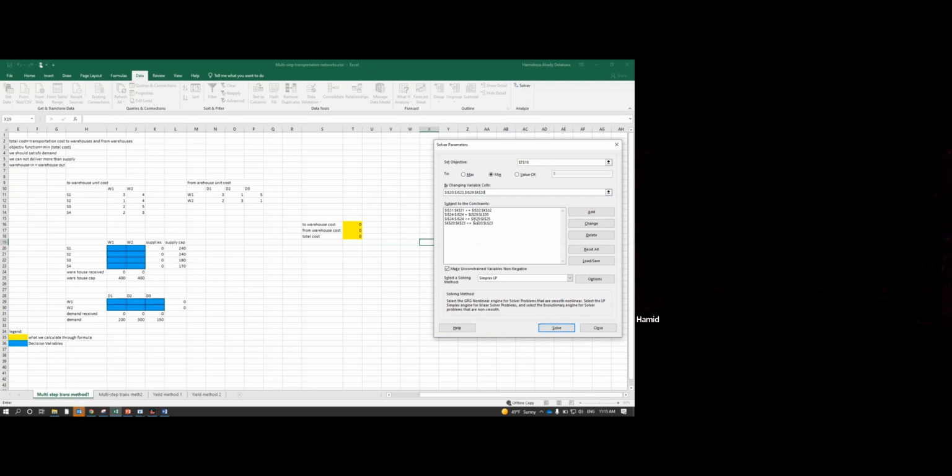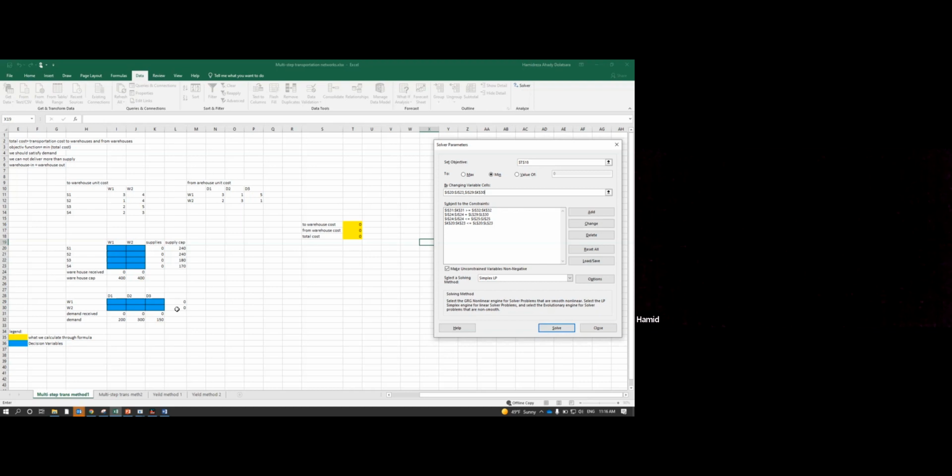Besides, you see that I have all the constraints. First, I33 to K33 should be greater than or equal to demand. I want to provide more than demand. Then I24, J24: these two should be equal to L29 to L30.